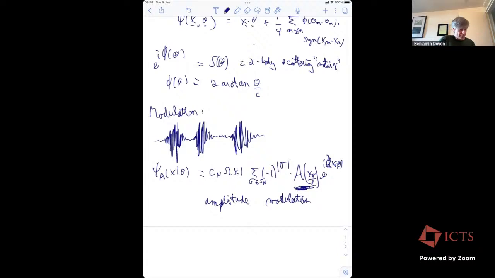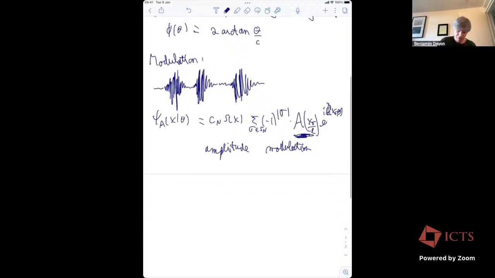I tell you the result and then derive it. The result is very interesting under various approximations.